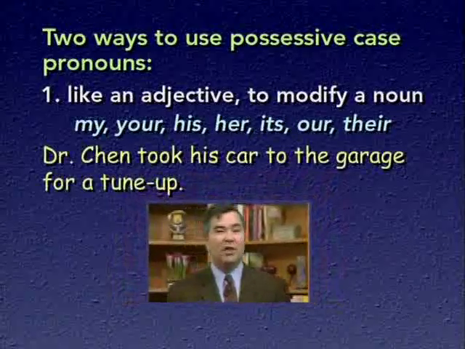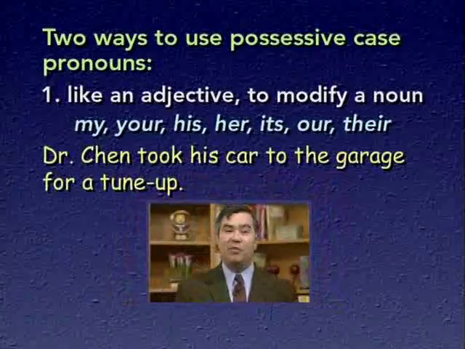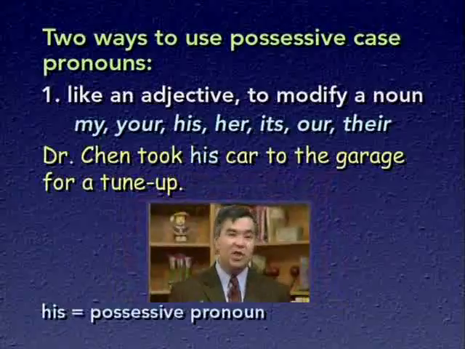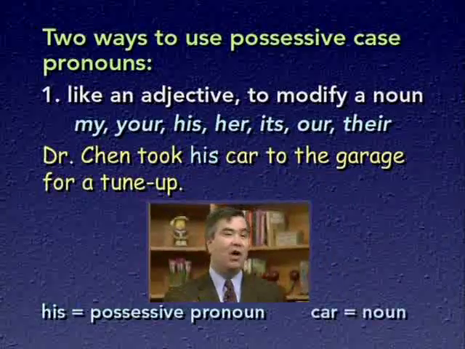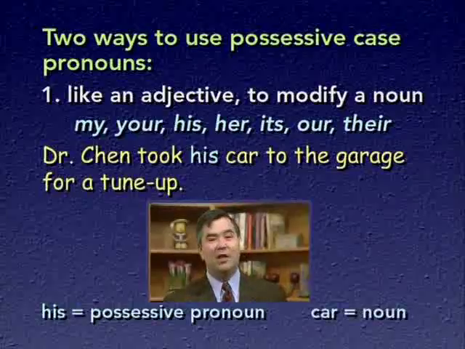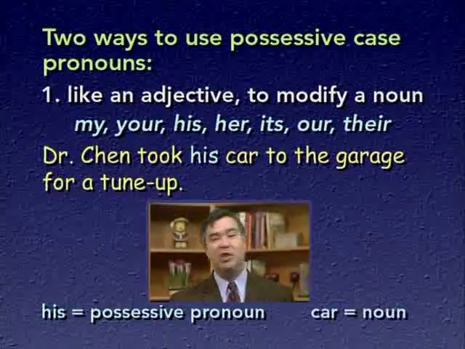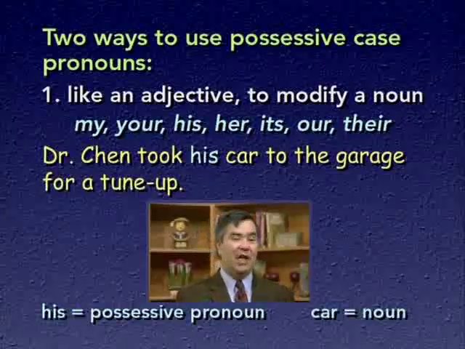Dr. Chen took his car to the garage for a tune-up. Here we have the possessive pronoun his, and it comes just before the noun car. So it explains exactly whose car was being taken to the garage. In other words, it shows possession or ownership of the car by Dr. Chen.